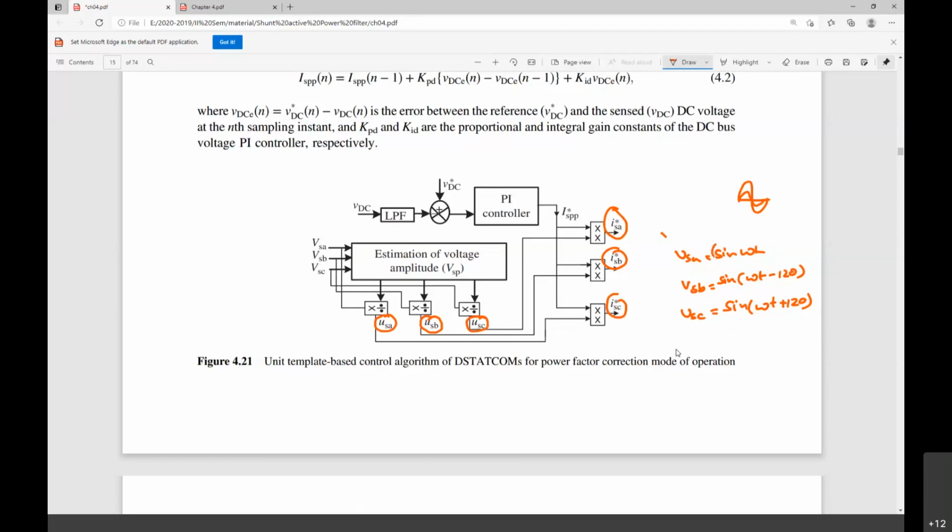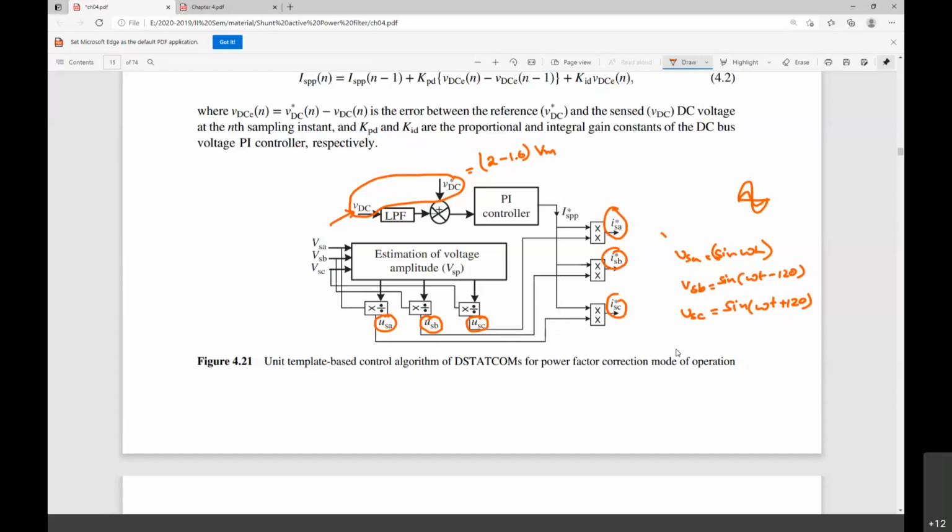For this, they were trying to regulate the capacitor voltage VDC. As I said, VDC is to be maintained at 1.6 to 2 times the supply peak voltage. They are going to charge it. Here they fix the reference and measure the actual value of the inverter, and then they get the error. The error is controlled by the PI control.